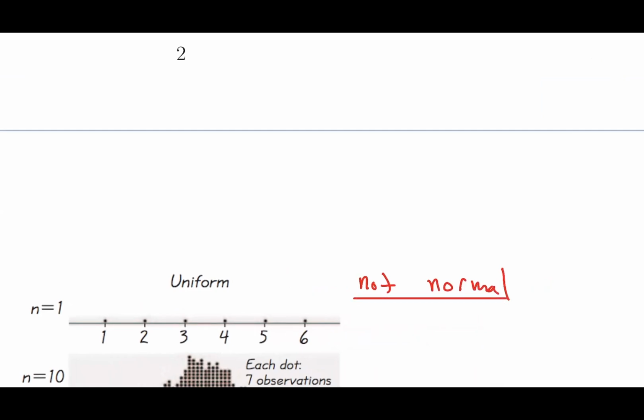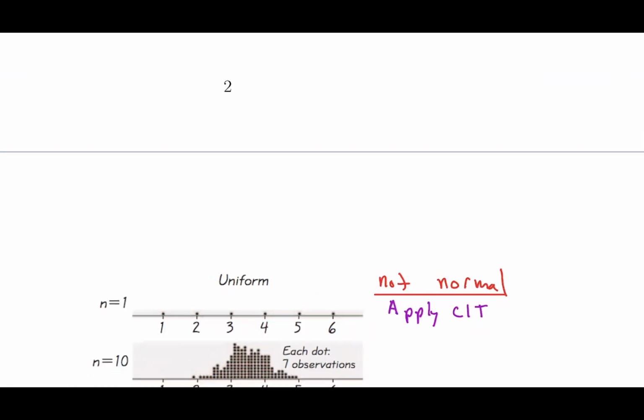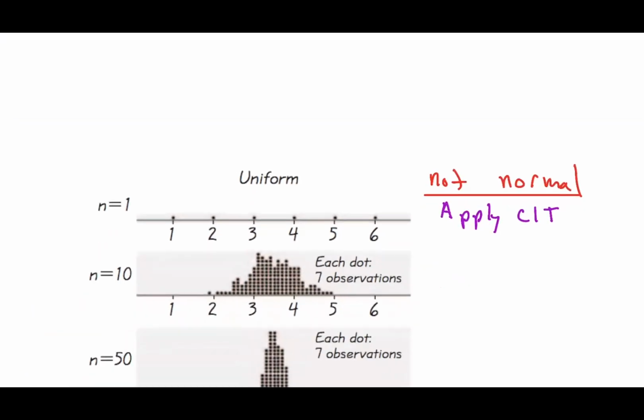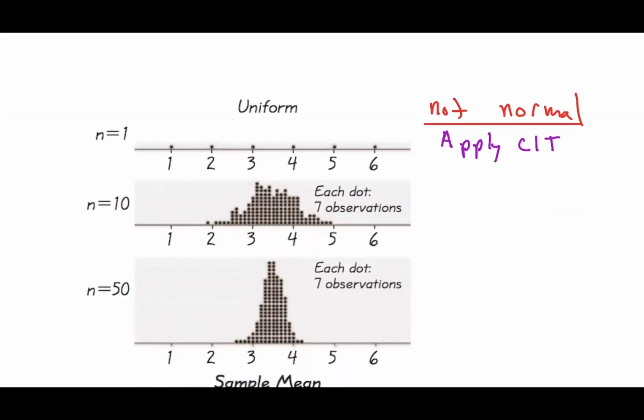So for this one, we do want to apply the central limit theorem, because since it's uniform, that means it's not a normal distribution. It starts off at not being normal, but what happened to it once we have a sample size of 50?